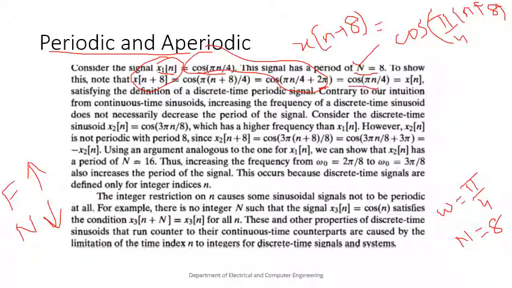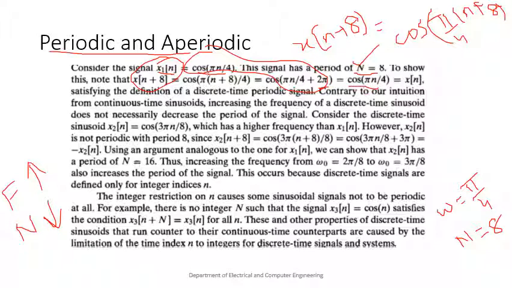If I increase the frequency of a fan, the fan will rotate faster and the period will become less. But this is not true in discrete time. Increasing the frequency might increase the period, or it will make the signal aperiodic.